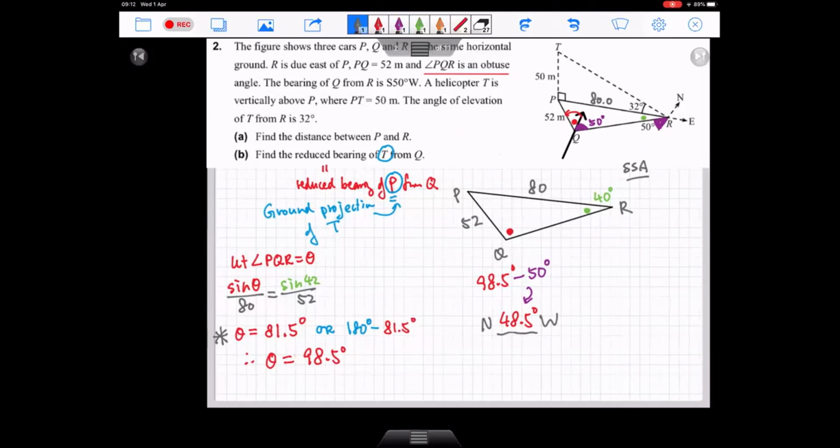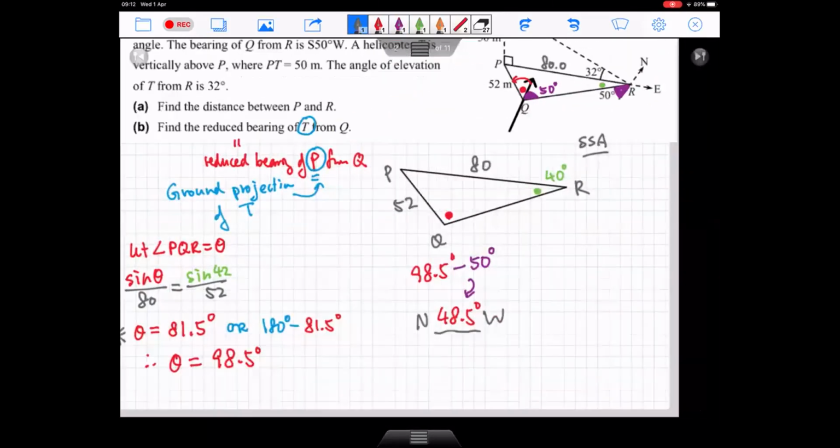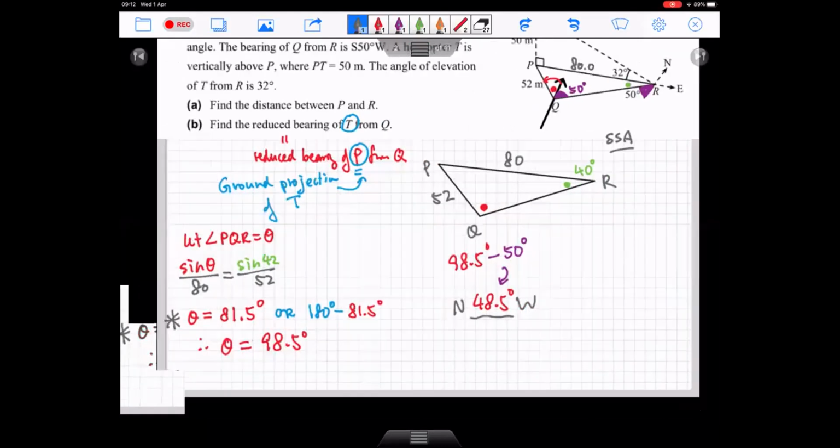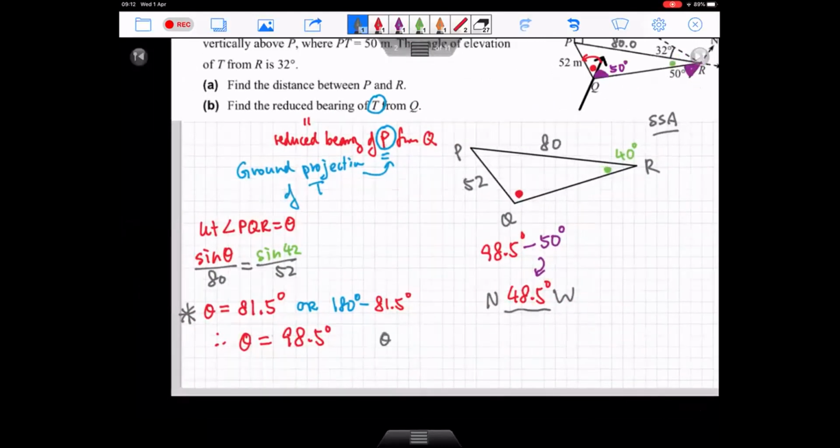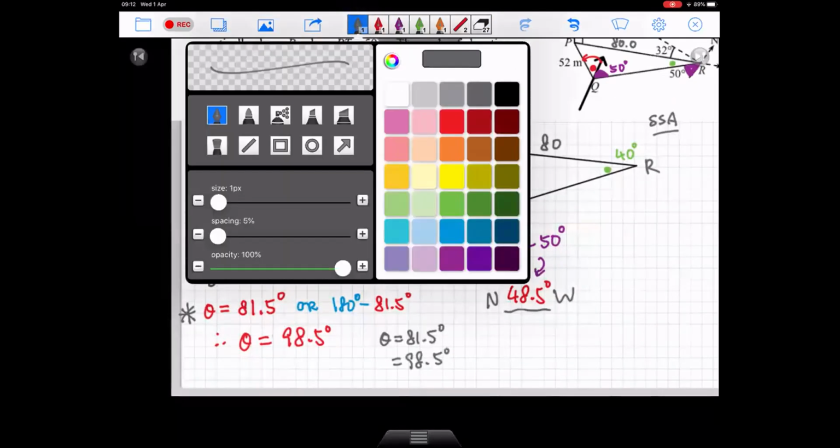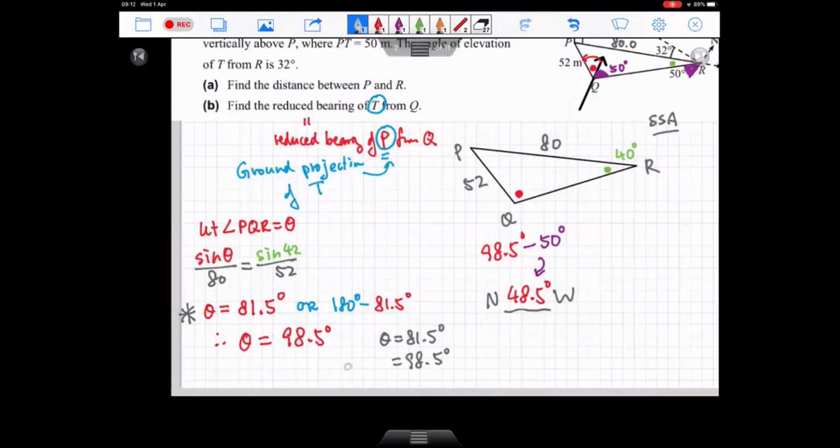All right, once again, there is another misuse of the equal sign. Some of us wrote theta is 81.5 degrees equals to 98.5, right? This is a clear violation of the equal sign. In fact, you mean theta is 81.5 or theta is 98.5.